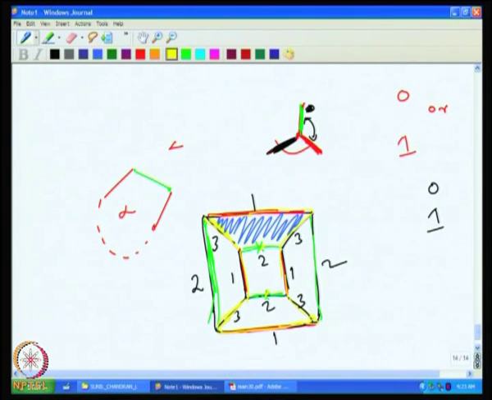The green and red edges, the one phase will be like this, for instance. It will be like this, and the other face will be inside this.